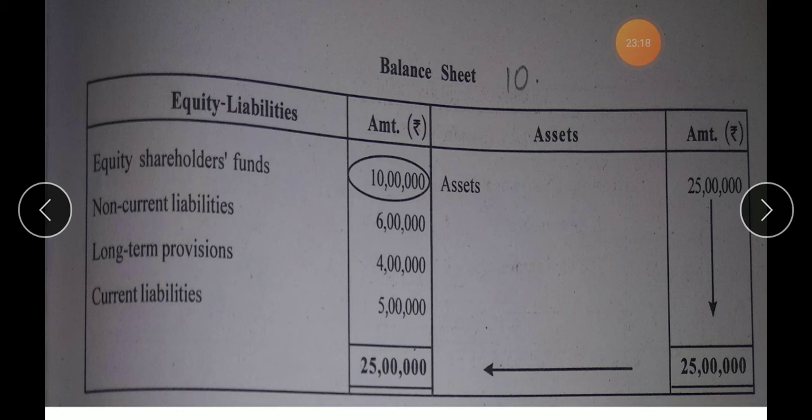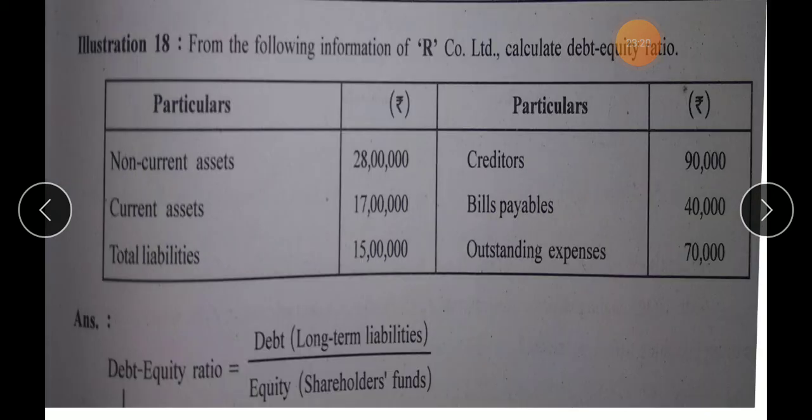Yes? Fine. Moving ahead with illustration 18. From the following information of R Company Limited, calculate debt equity ratio. The information is provided here: non-current assets, current assets, total liabilities and current liabilities.